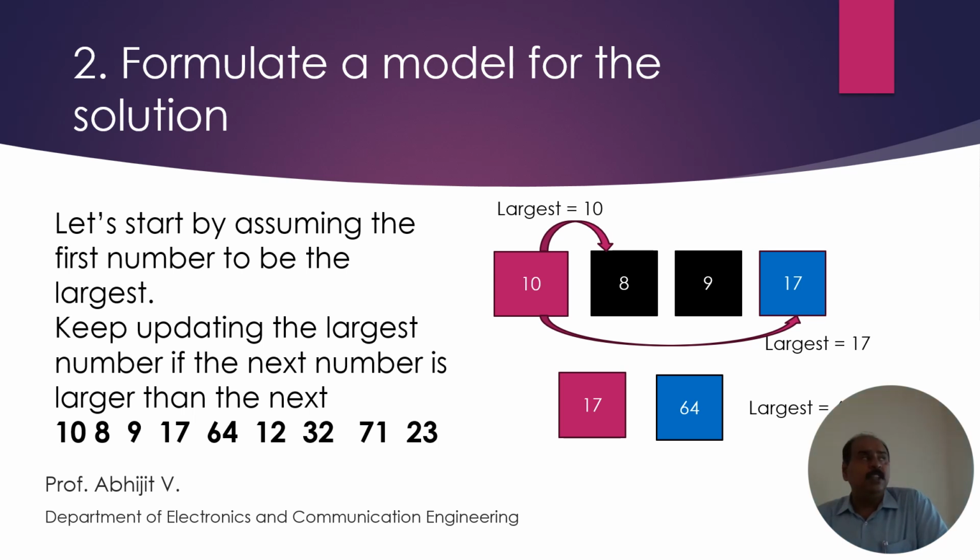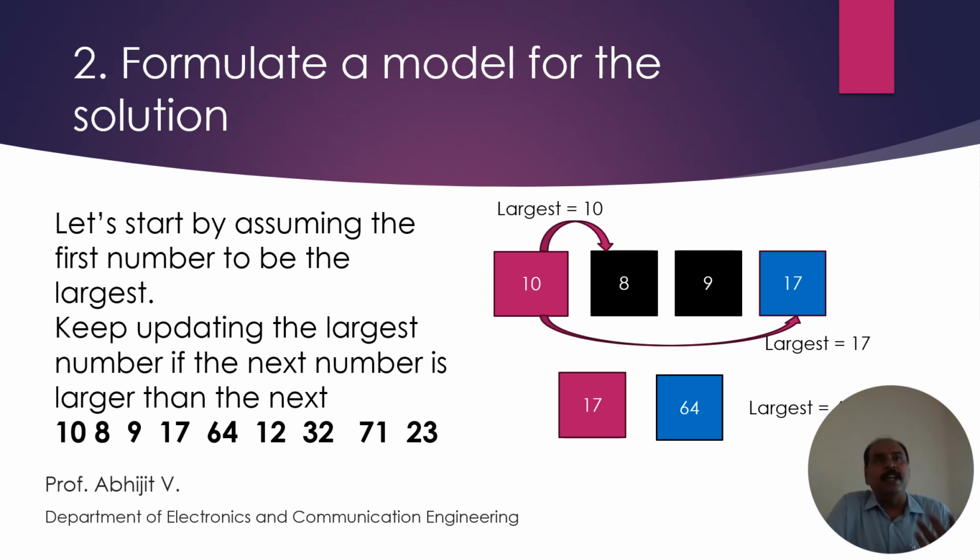So the model here, I have explained this in words. I've taken 10 to be the largest one. I've compared 10 with 8, 10 with 9 again, and 10 with 17. When it comes to 10 with 17, what happens? 17 is larger than 10. So I've replaced the largest number with 17.